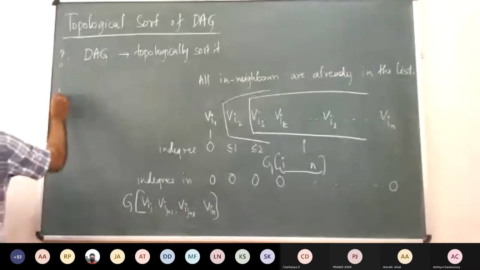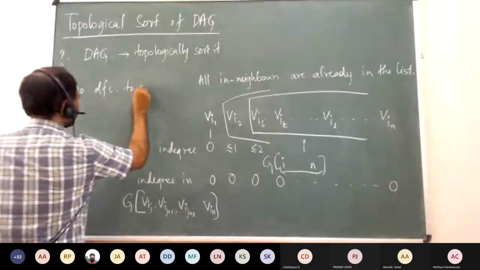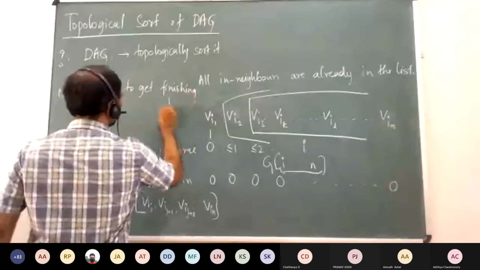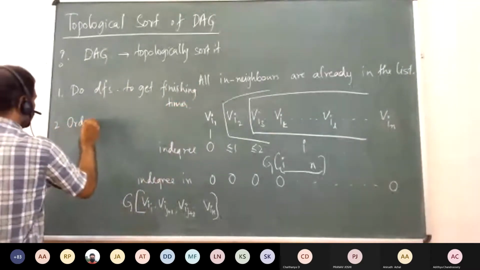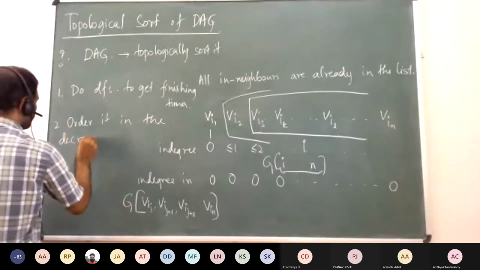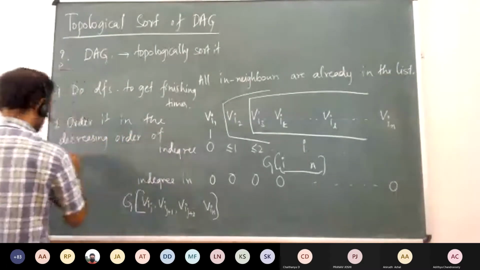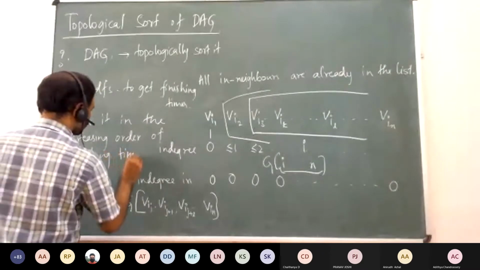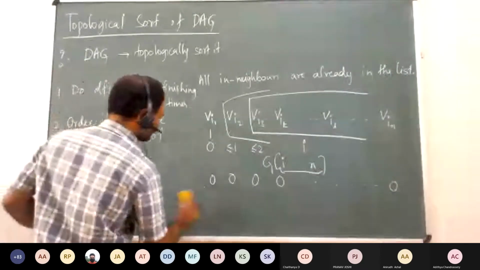So what you are saying is do DFS, then to get finishing time, order it in the decreasing order of finishing time. So this is one more thing you guys came up with.